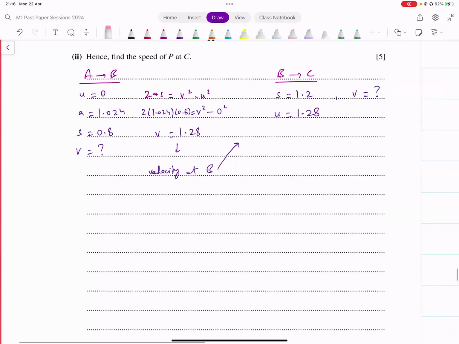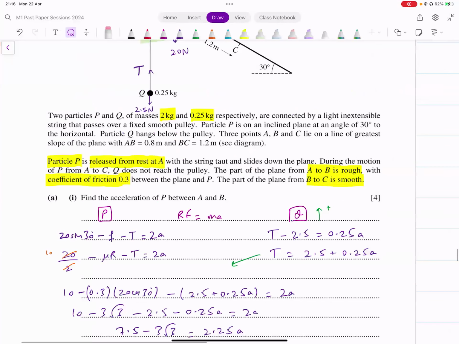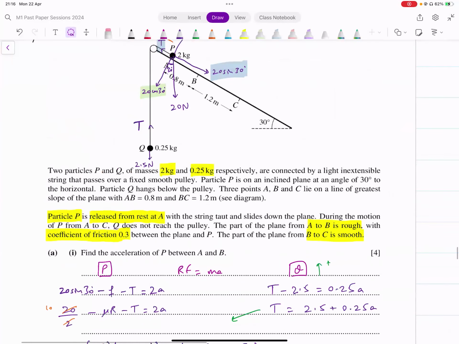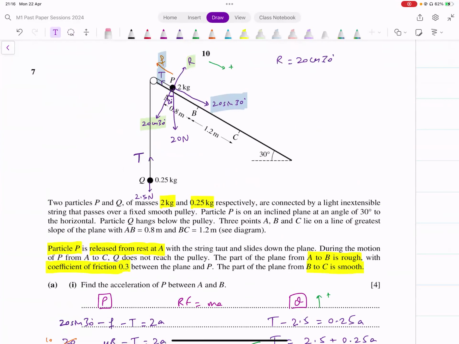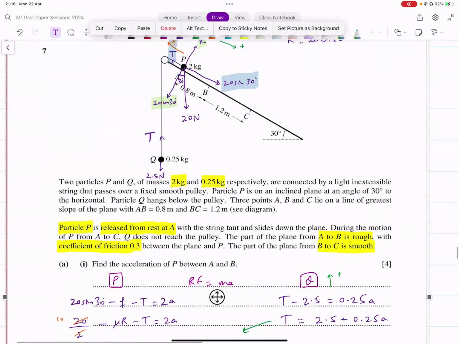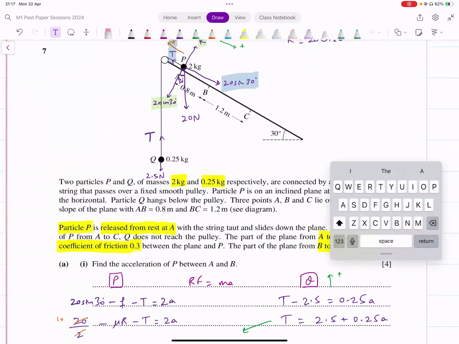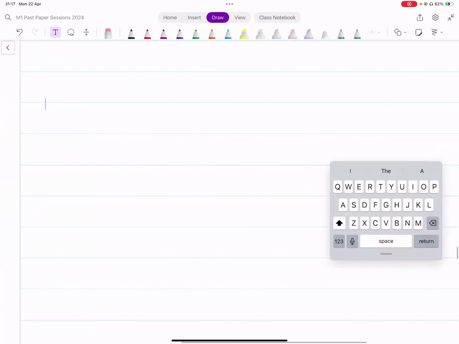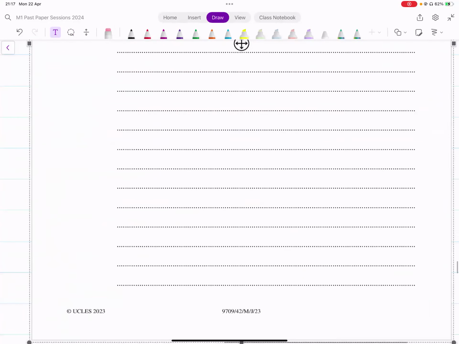How do you find the acceleration of this part of the journey again, from B to C? Let me just copy this diagram here. You can annotate on the same diagram by annotating everything using a pencil. Don't use a pen.